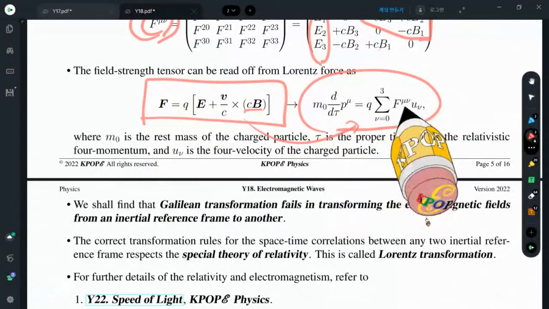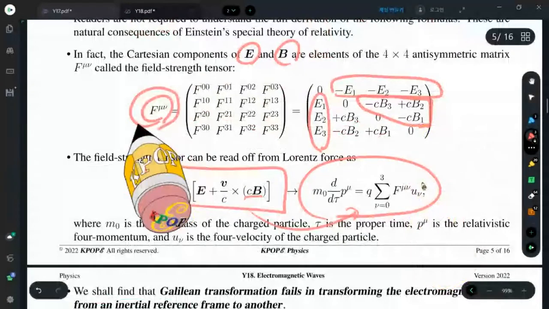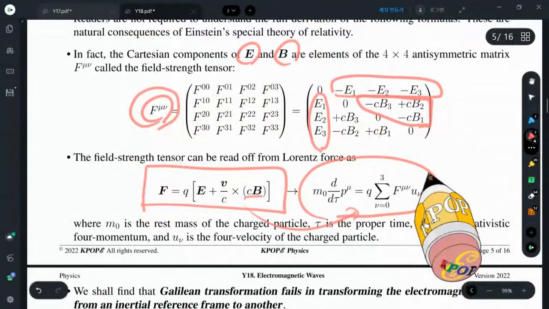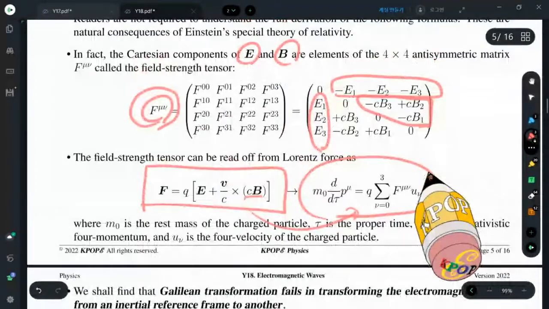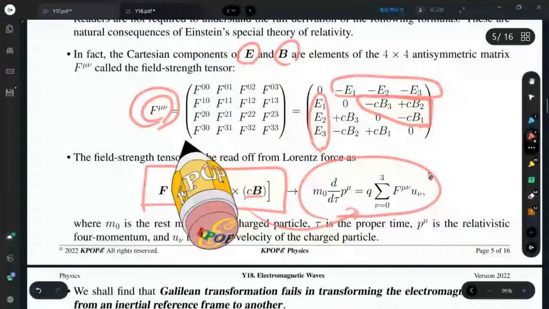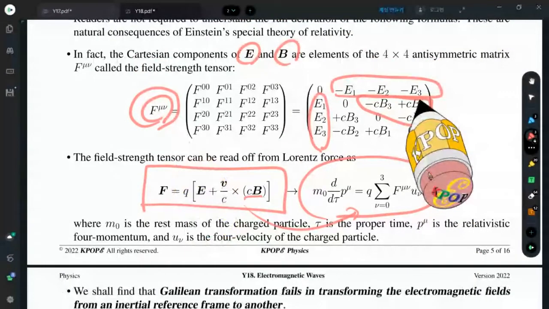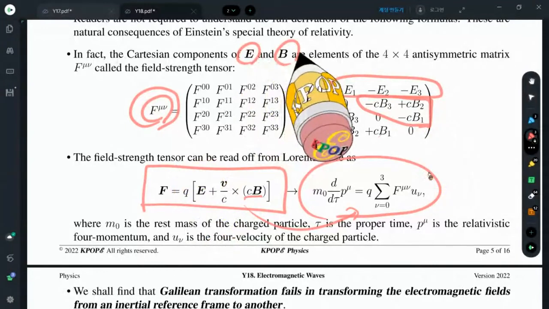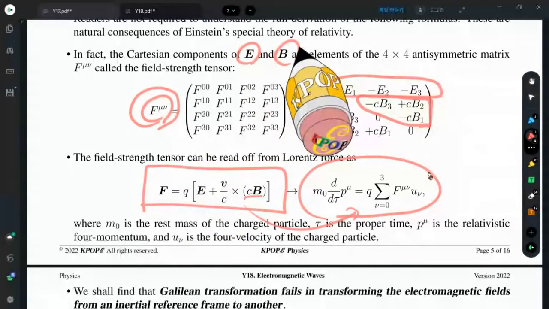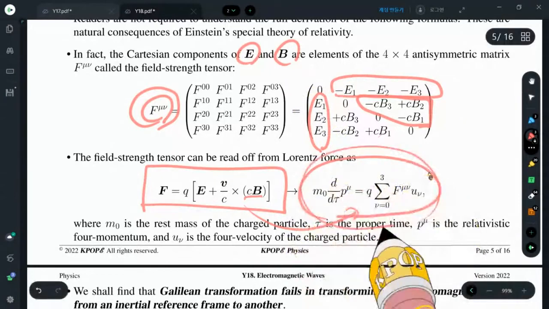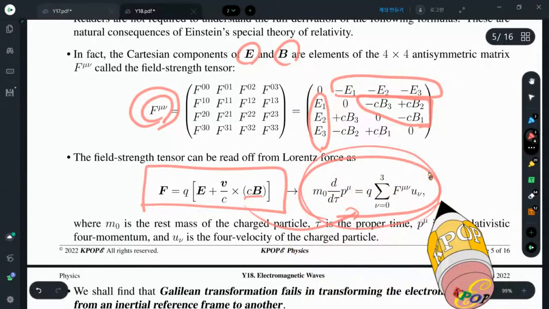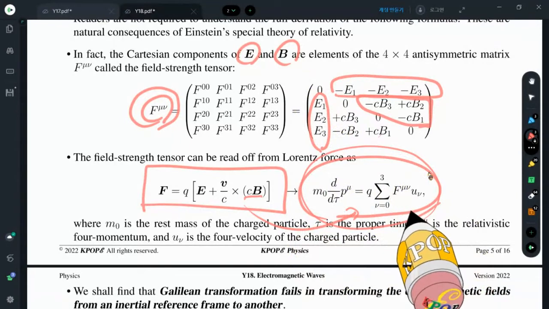Here, this matrix represents the field strength tensor. Even though you don't have to fully understand the structure, you have to remember that electric field and magnetic field are not separable, but six independent components of a single theory.